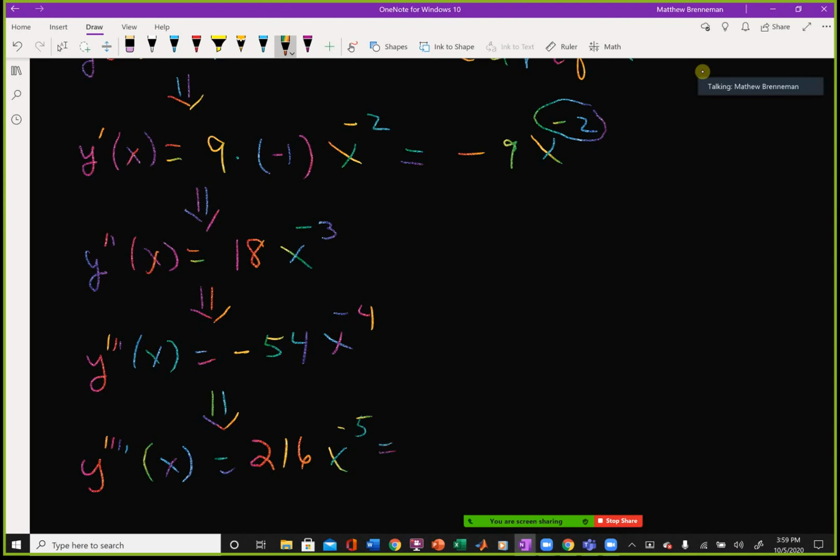I'm going to go back and bring it downstairs and make the exponent positive. So we're going to write our negative exponents as reciprocal powers. Very good. And that is our final answer. And notice they could ask you to do this to an arbitrary number of derivatives. I mean, after a while, it would get to be a little cumbersome, but you could do it. It wouldn't be that hard.